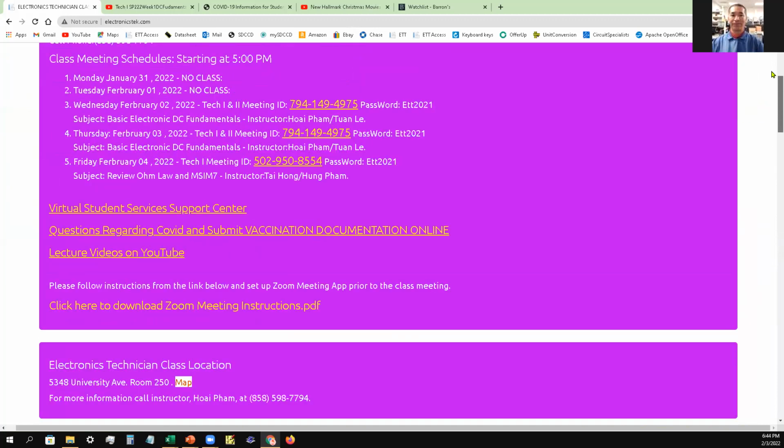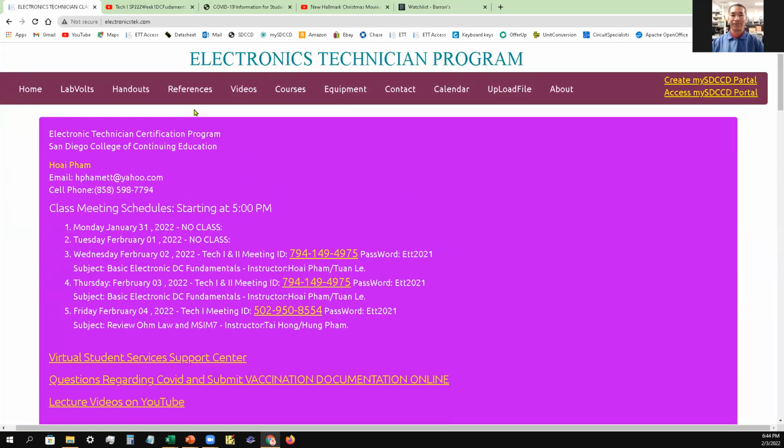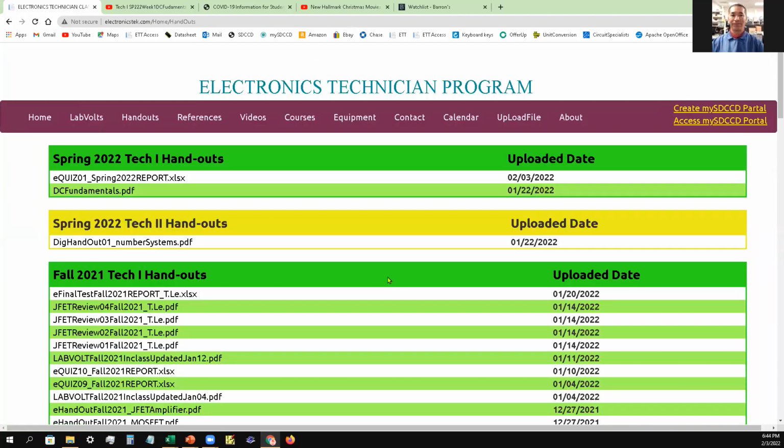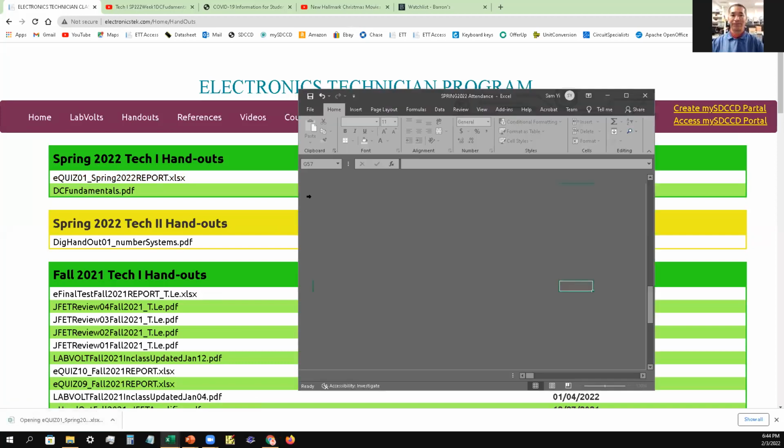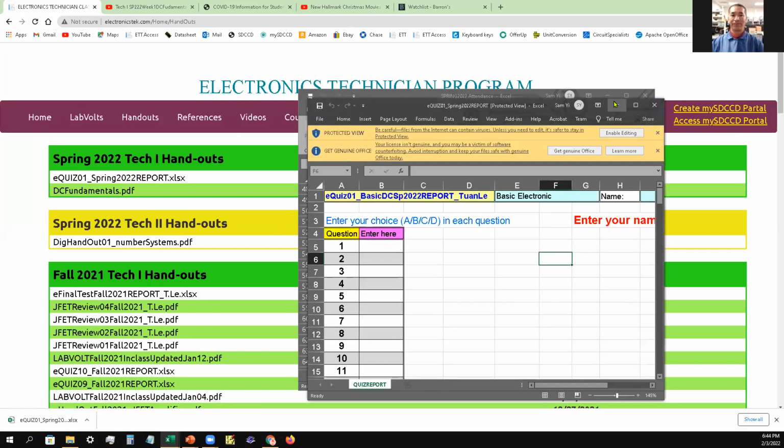All right, so make sure that you click on the handouts menu, and then come down here and click on this one, eQuiz 01 Spring 2022 report. You click on that to open it up. You're going to use that to put all your answers on, and then you have to upload it onto the website after you complete it.